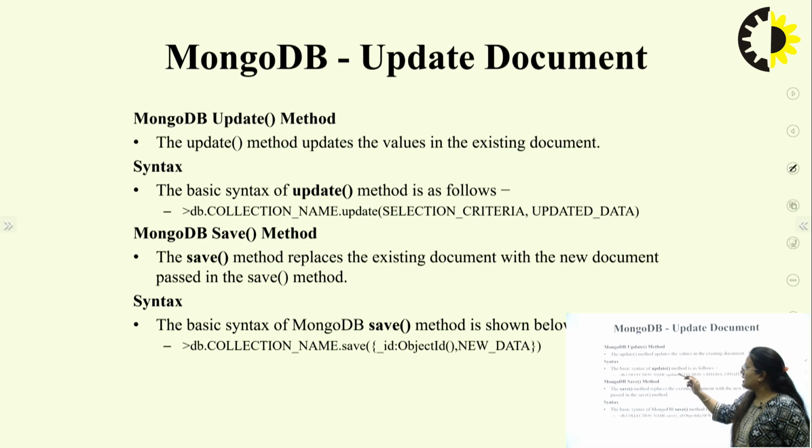This will be the basic syntax of the update method: db.collectionname.update(selection criteria, updated data). Next one is the MongoDB save method. The save method replaces the existing document with the new document passed in the save method. This is the syntax: db.collectionname.save(object ID, new data).